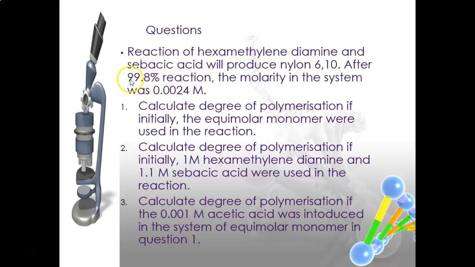So this one is the p value, which you must convert to less than 1, which is 0.99. Okay, 0.99. You can get the value and calculate the degree of polymerization if initially 1 M hexamethylenediamine and 1 M salicylic acid were used in the reaction. So this one also asks to calculate the DP, and try to solve these three questions.